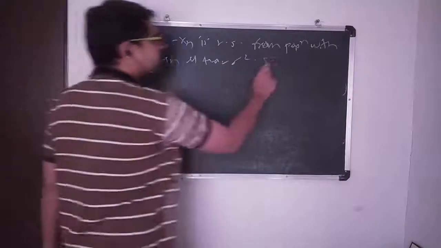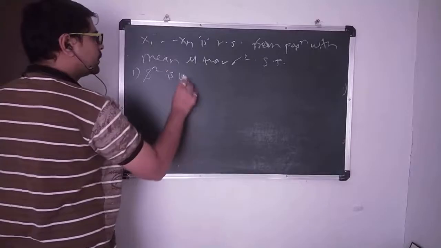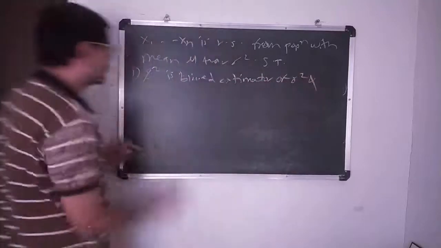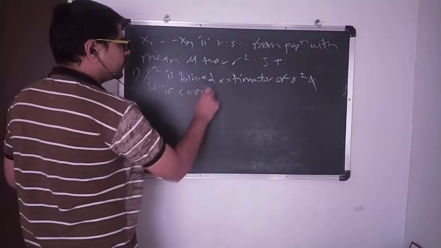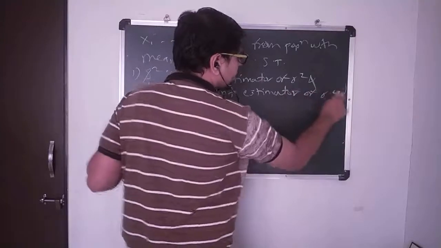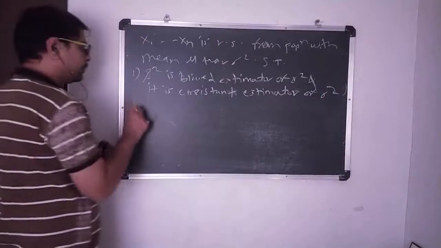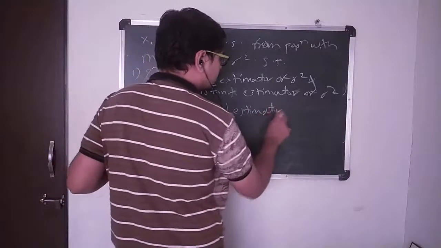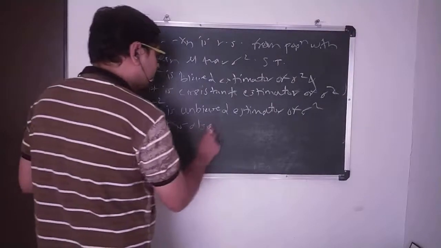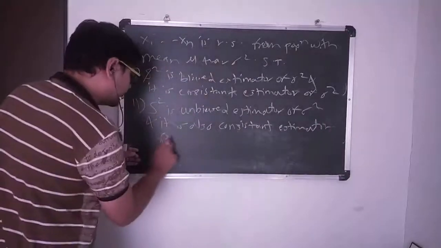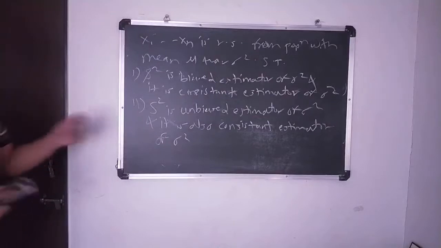Then we have to show that small s^2 is a biased estimator of sigma^2 and it is a consistent estimator of sigma^2, and we have to show that capital S^2 is an unbiased estimator of sigma^2, and it is also a consistent estimator of sigma^2. So this we have to show. Now we will show it.